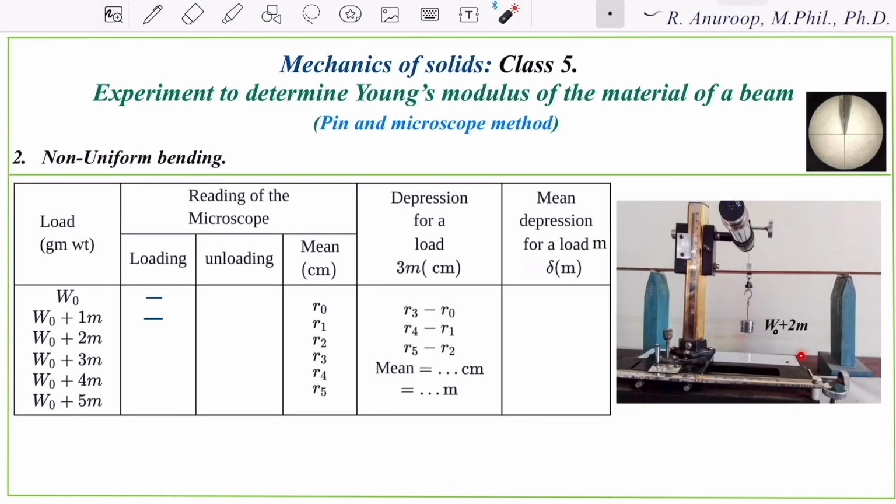Now add one more weight, so the total weight is W0 plus 2M. Note the reading and write it on the loading column.